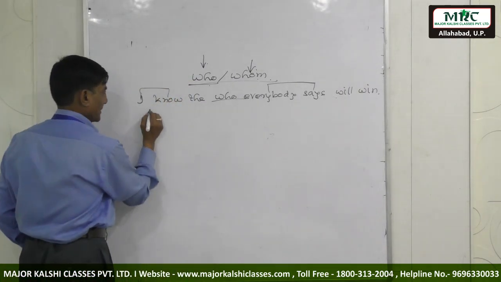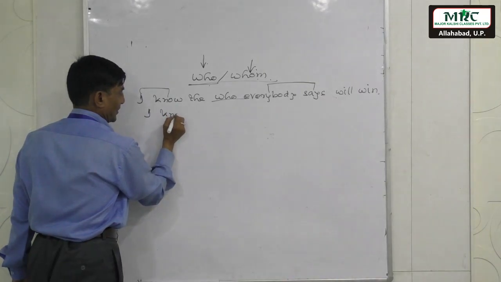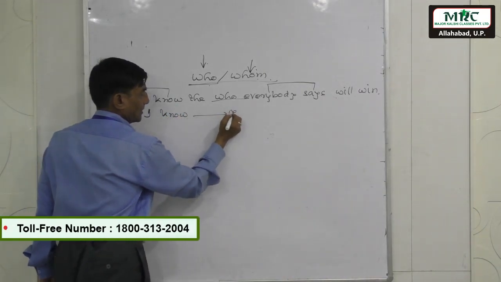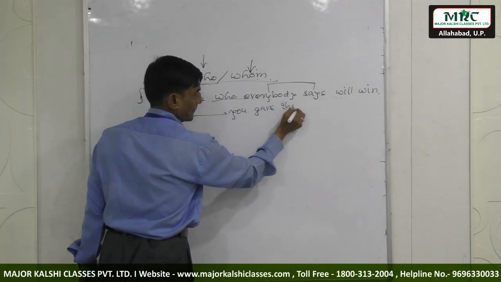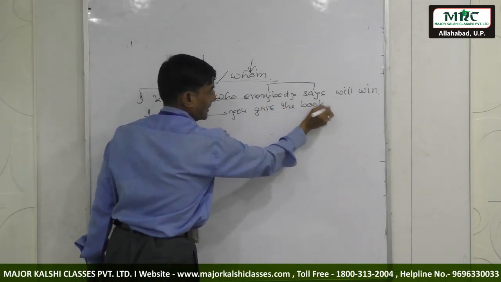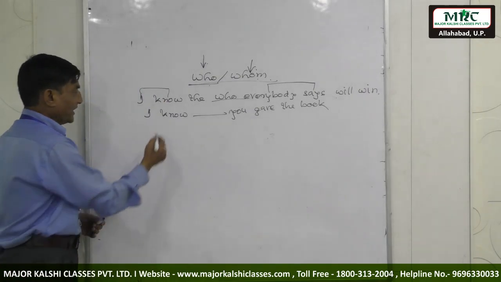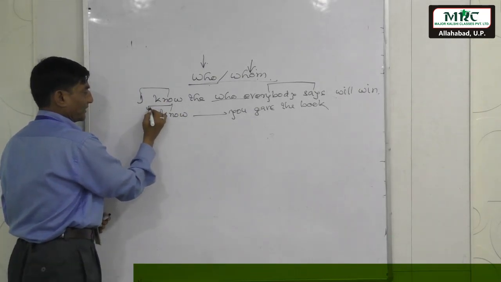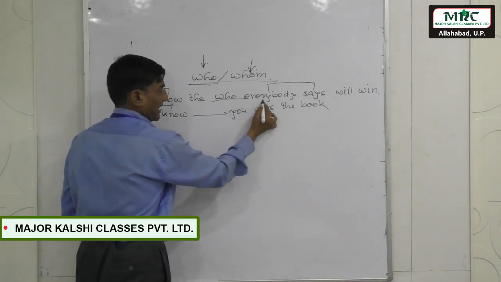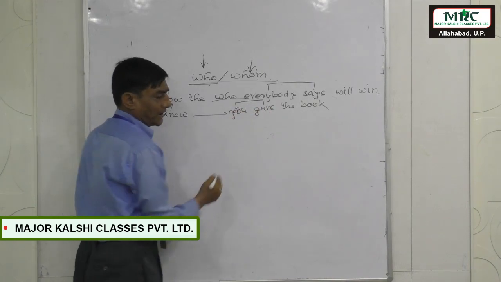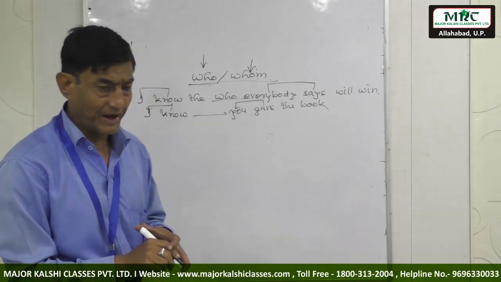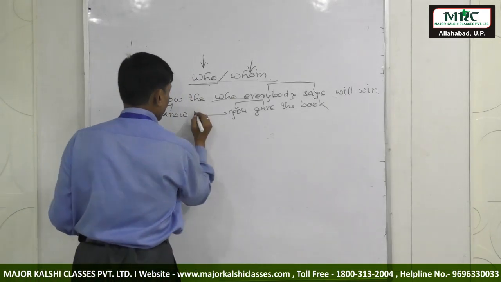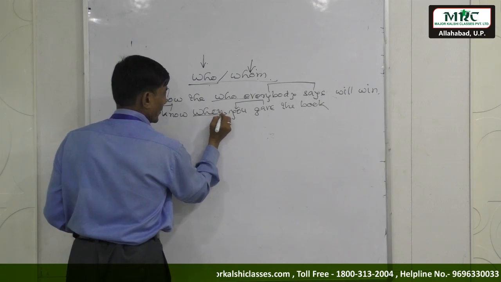But if I write, I know, in this case, we see that know has got its subject, gave has got its subject, there is no such verb that does not have its subject, and in this case we use whom.